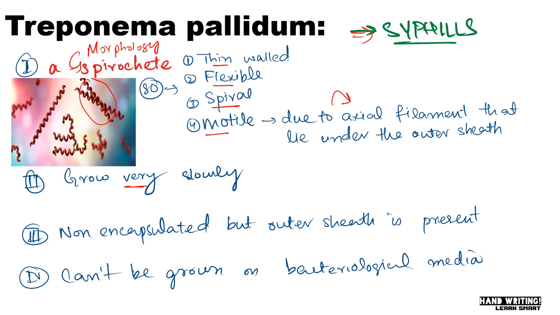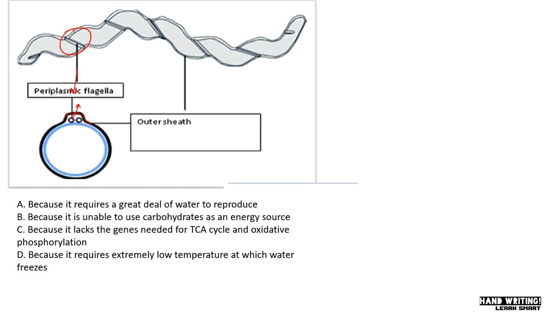The other important point is that it grows very slowly. The third important point is that it is non-encapsulated, but the outer sheath is present. As you can see in this slide, it has no capsule, but it has an outer sheath.